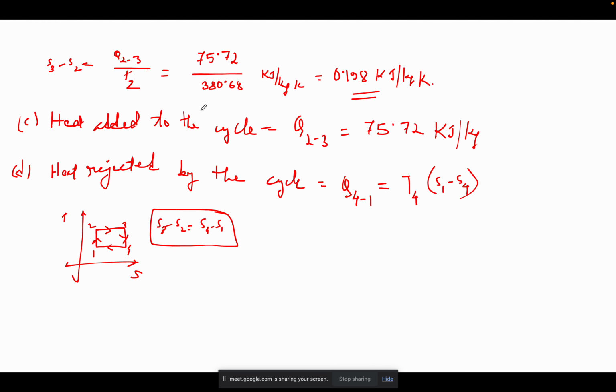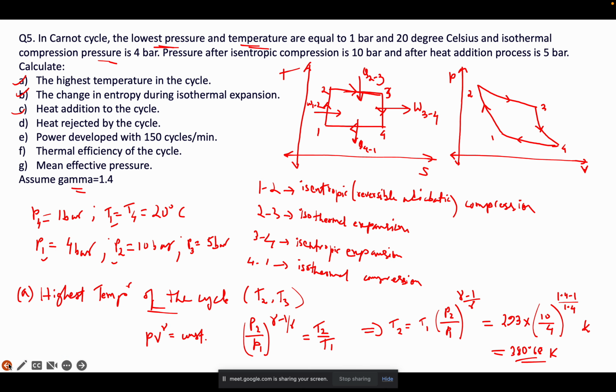We already calculated S3 minus S2. We need S1 minus S4, just the negative of this. So we will put negative T4 times S4 minus S1. T4 is basically my lowest temperature, which was given to us as 20 degrees Celsius.